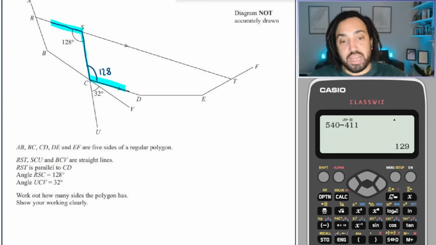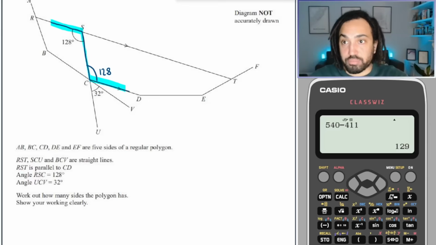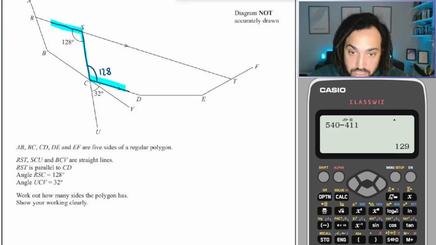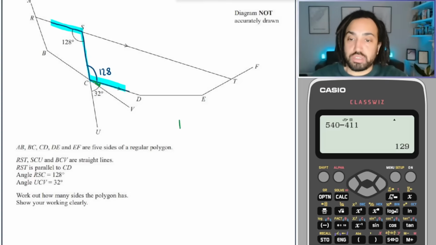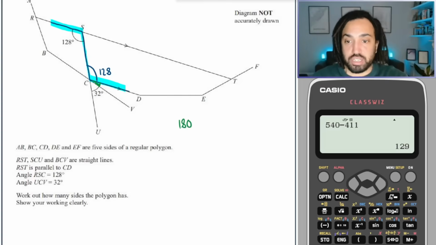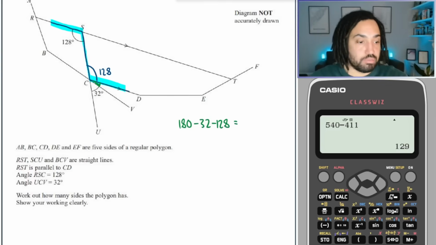Now the line SU is a straight line, which means we could work out this green angle in here, because 180 is a straight line. So if I minus 32 and minus 128, I'll be left with that green angle.